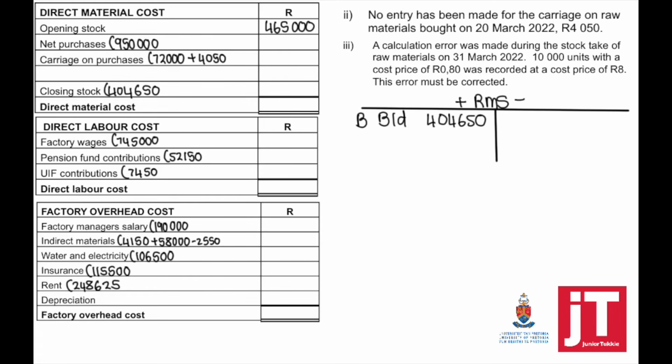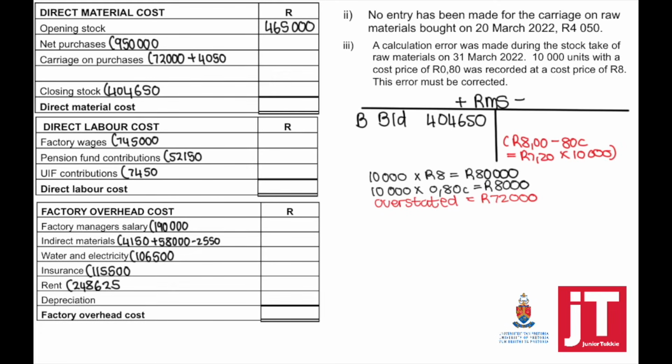So what happened now? We've shown it as 10,000 times 8 equals 80,000. It is supposed to be 10,000 times 80 cents, which is 8,000. This means that we have overstated this by 72,000.